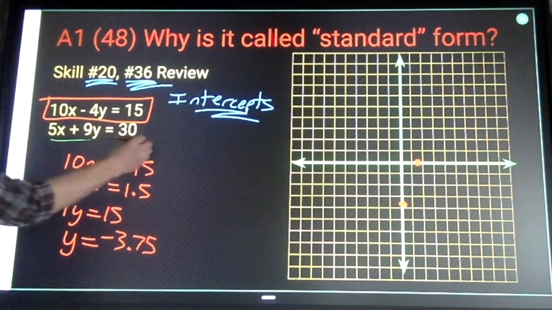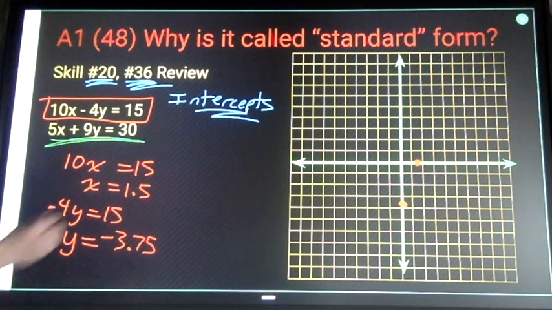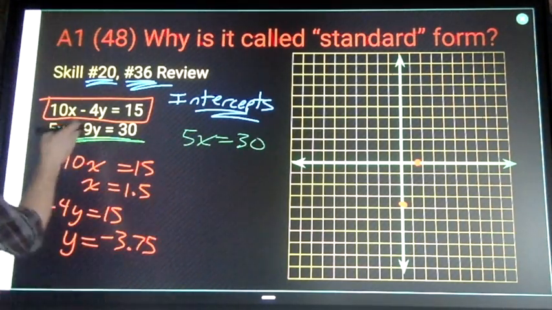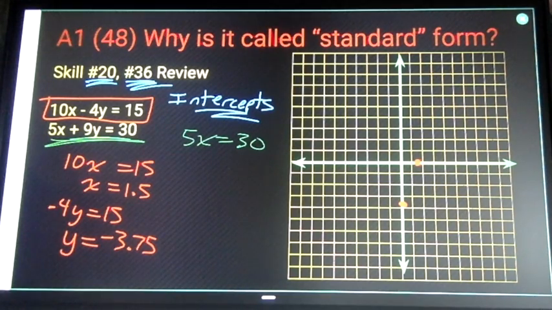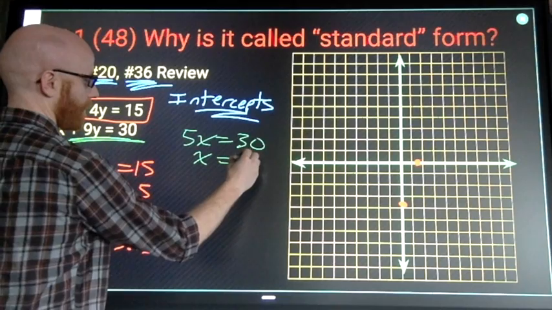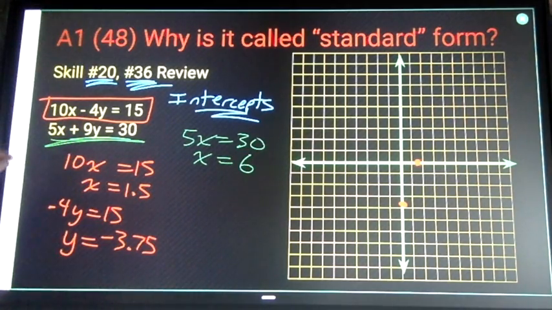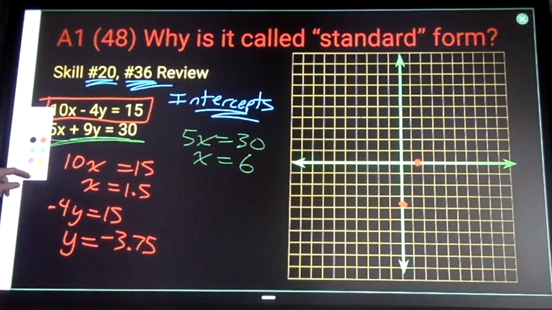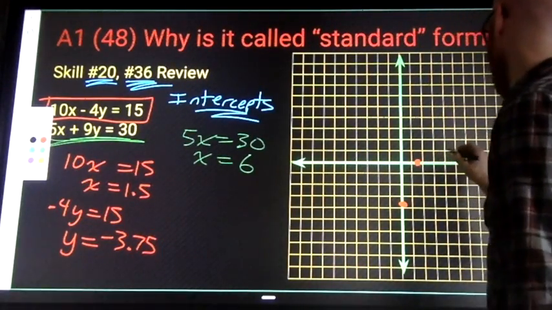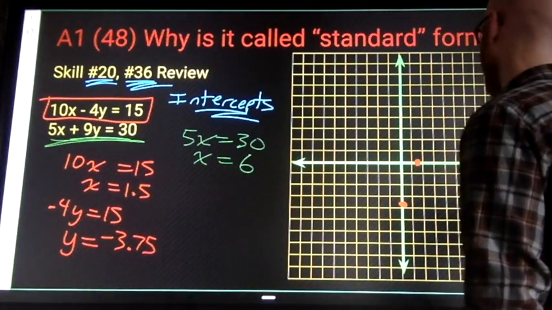This bottom equation, 5x equals 30. If I drop out my y component, x-intercept is 6. I'm going to use yellow for that because this is green. So x-intercept right around here.